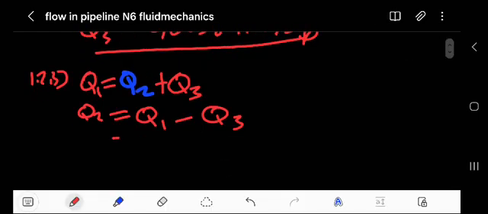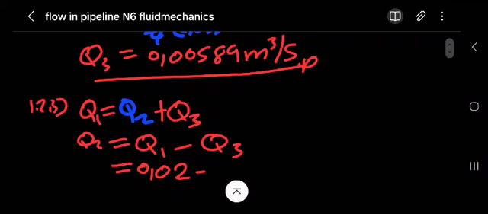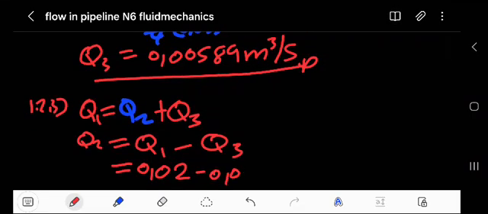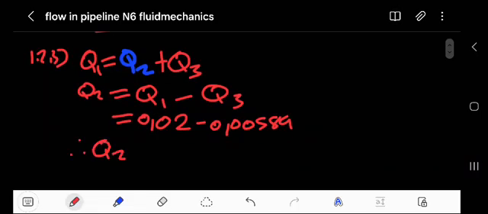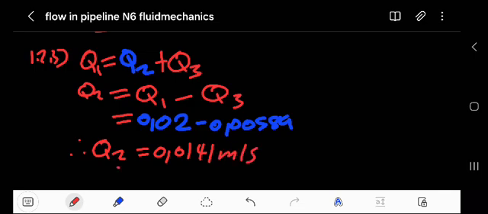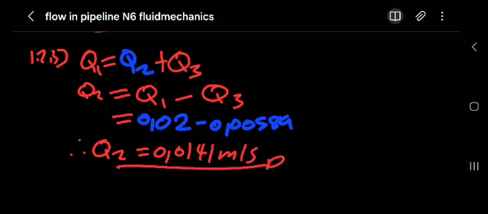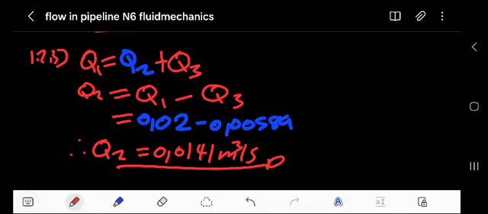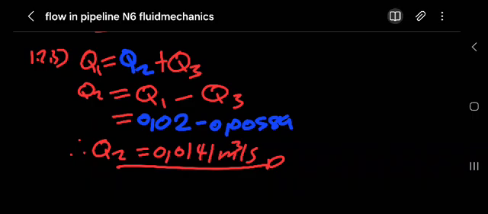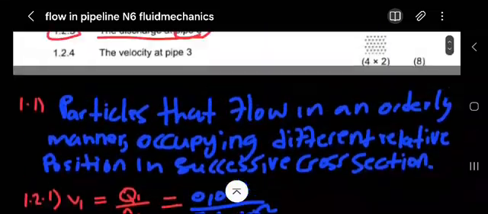Q1 was 0.02 minus Q3, which is 0.00589. Therefore Q2, if you punch that, is 0.0141 cubic meters per second. Remember, it's measured in cubic meters per second.